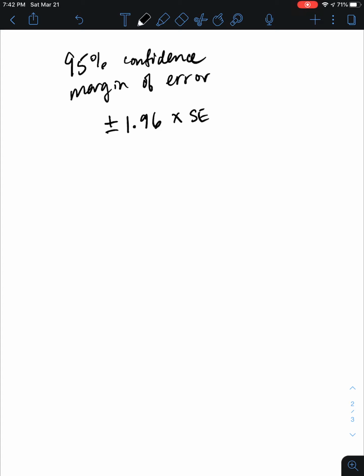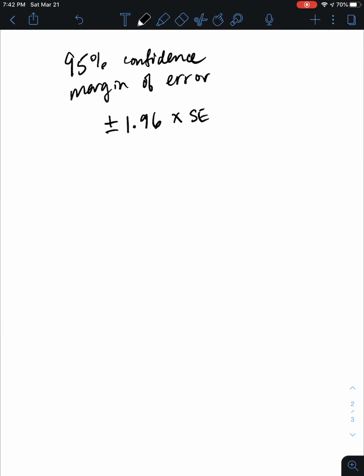Plus or minus just means the actual value of the population mean could be greater than or less than our estimator. And the 1.96 we've discussed earlier. 1.96 is associated with 2 standard deviations. Sorry, it's not 2, it's less than two standard deviations, but it's associated with the 95% confidence.